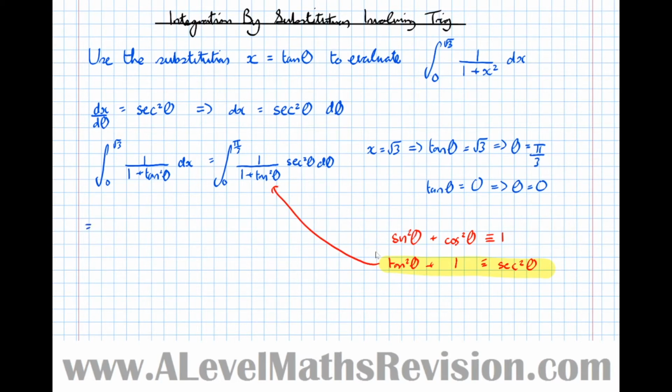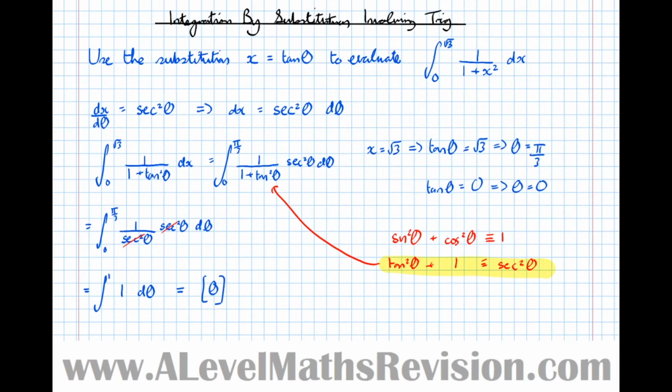So that's equal to the integral between pi over 3 and 0 of 1 over sec squared theta times sec squared theta d theta. Sec squared theta divided by sec squared theta is just 1. So we've got this much simplified integral, the integral of 1 d theta, which is equal to theta.